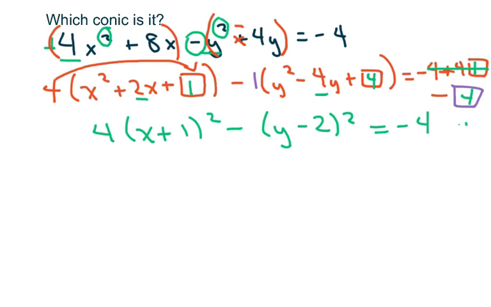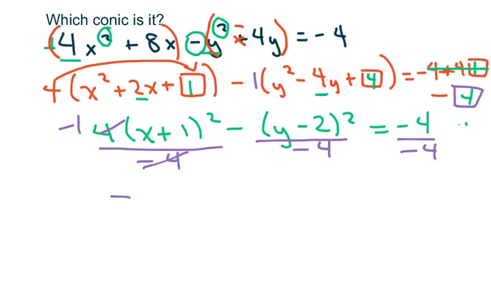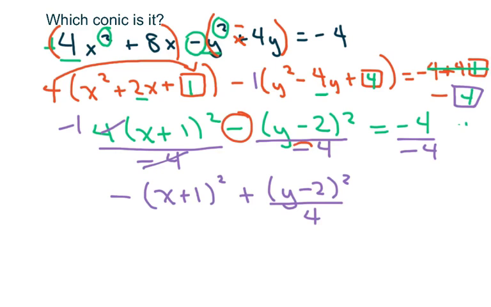Now I'm going to divide everything by negative 4 because we have to have 1 on the right side here. And what we have then is negative, because that goes into it negative 1 times, so negative (x plus 1) squared plus (y minus 2) squared over 4. 2 negatives here make a positive, equals 1.